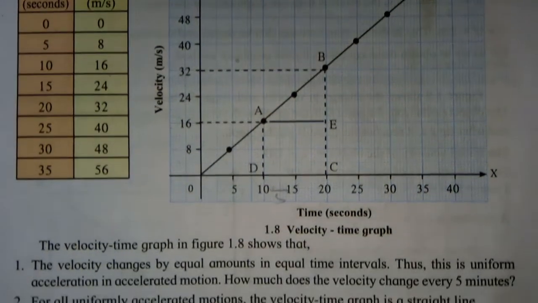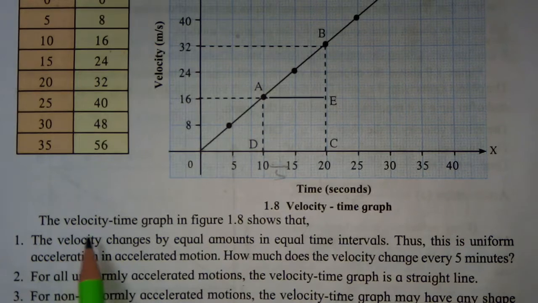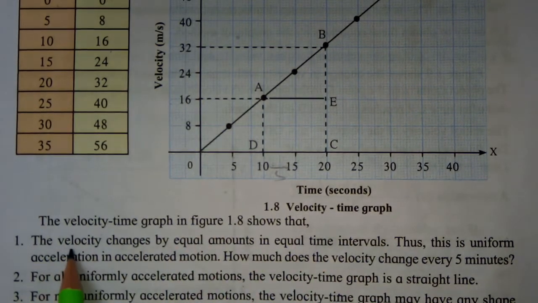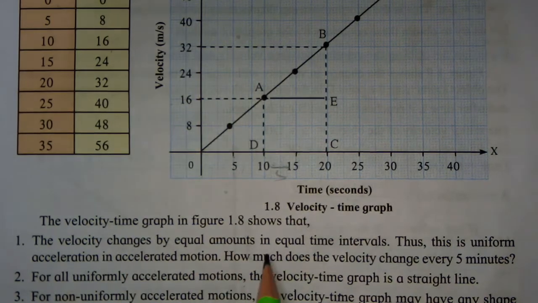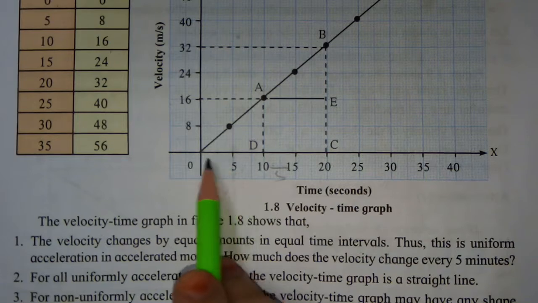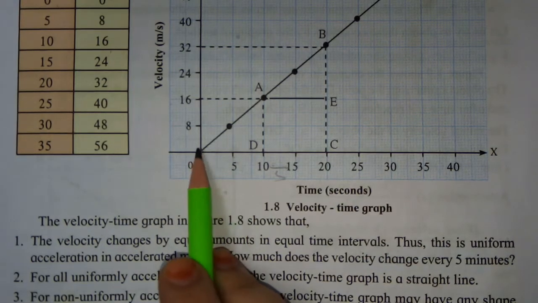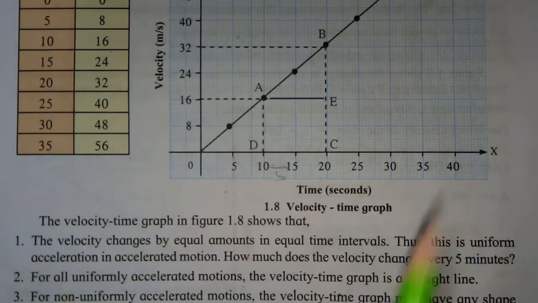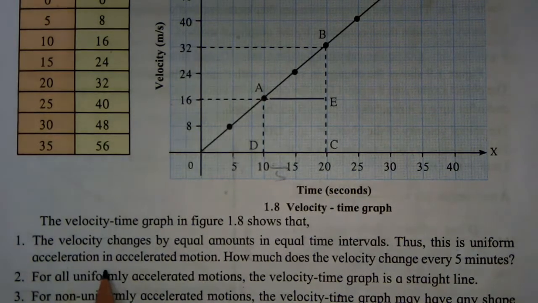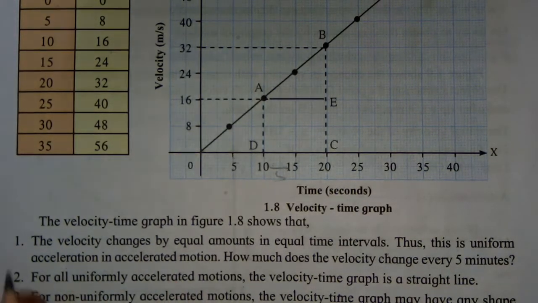Now let's move further. The velocity time graph in figure 1.8 shows that the velocity changes by equal amounts in equal time intervals. That means in every 5 seconds the velocity increases by 8 meters per second. Thus this is uniform acceleration in accelerated motion.